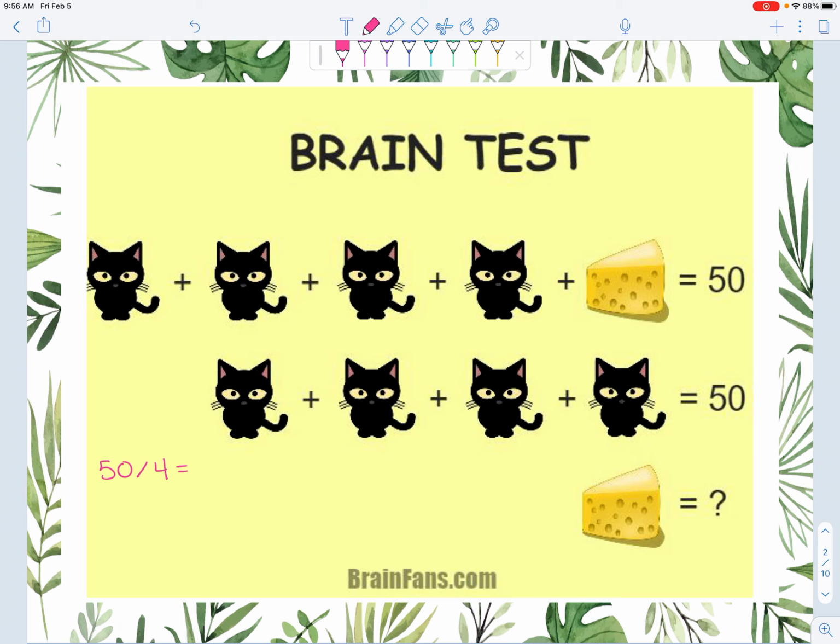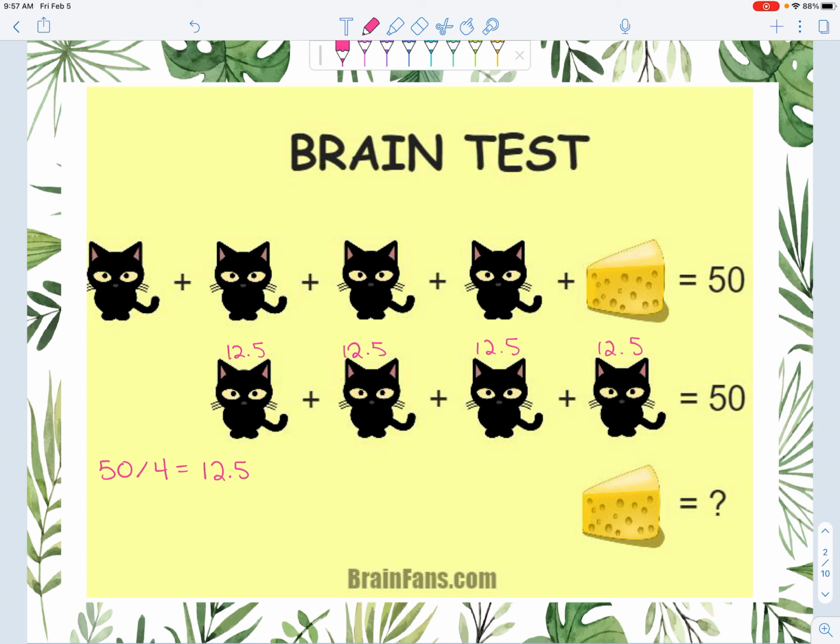Each of them has to be equal to the same thing. So when I do that, I get a decimal. I get 12.5. So that tells me if I do 12.5 times 4, or in other words, 12.5 added to itself 4 times, I should get 50. So the value of the cat is equal to 12.5.